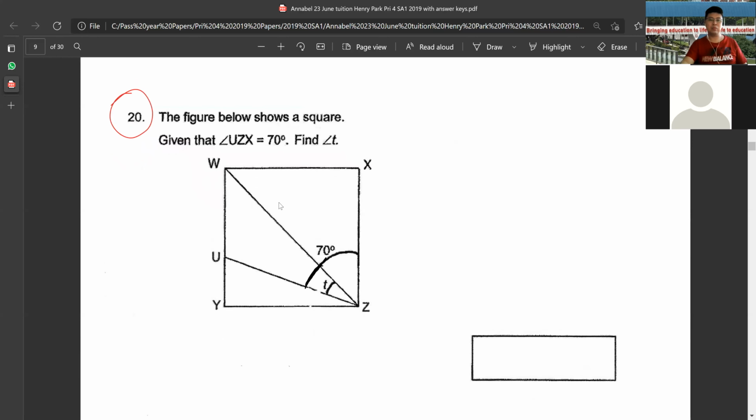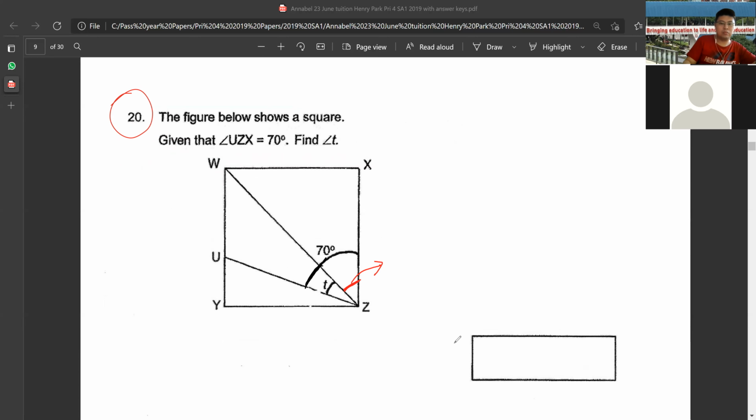Okay, this one. How to find P? P is how many? Can you tell me what angle this is? How many degrees is this?